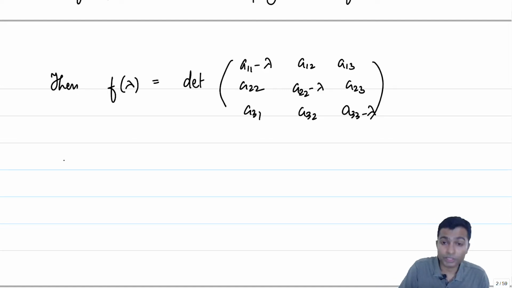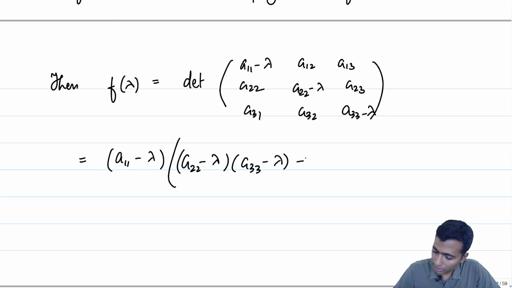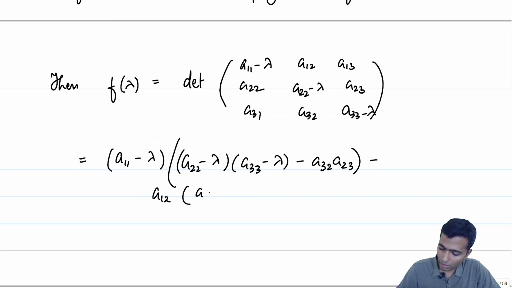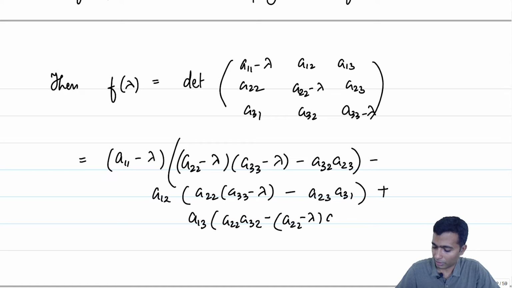If I write down the expression for the determinant using the cofactor expansion, this will turn out to be A11 minus lambda into the first cofactor, which is A22 minus lambda into A33 minus lambda minus A32 into A23, then minus A12 times A21 into A33 minus lambda minus A23 A31, plus A13 times A21 A32 minus A22 minus lambda into A31.